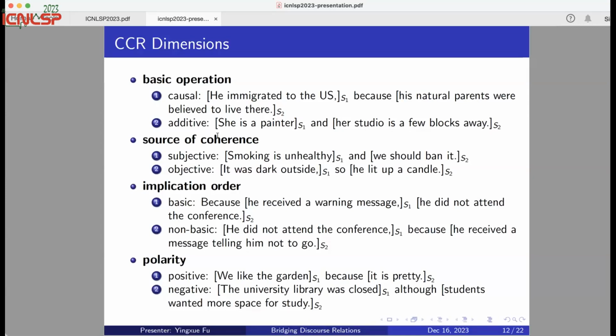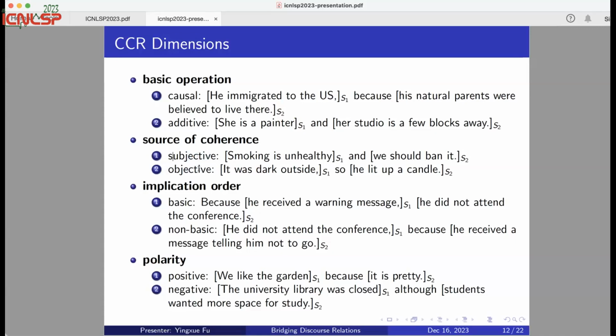For source of coherence, you can see there will be the distinction between subjective and objective relations. Subjective relations mean that the author's reasoning or the pragmatic effect of this relation is more important.